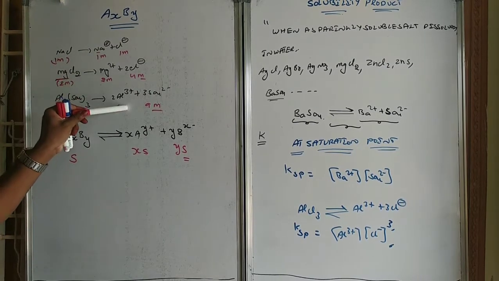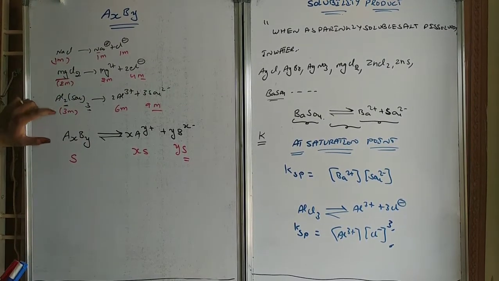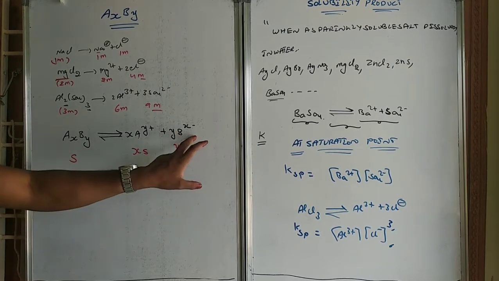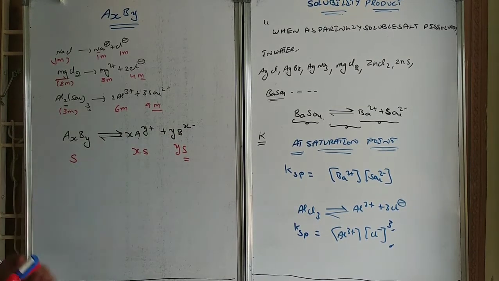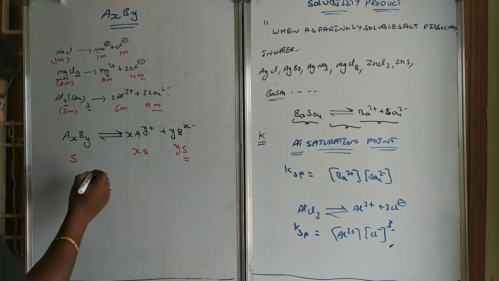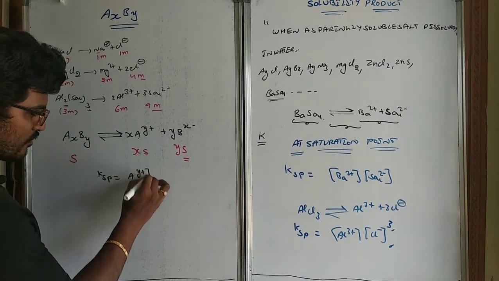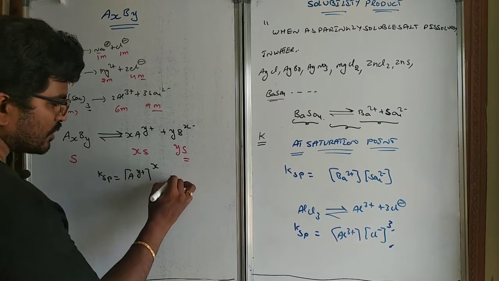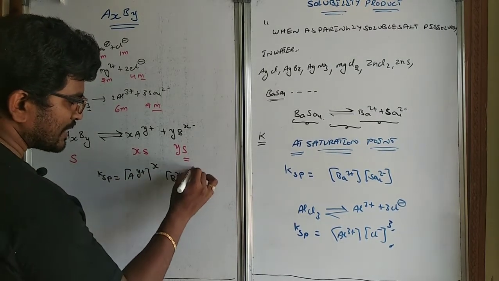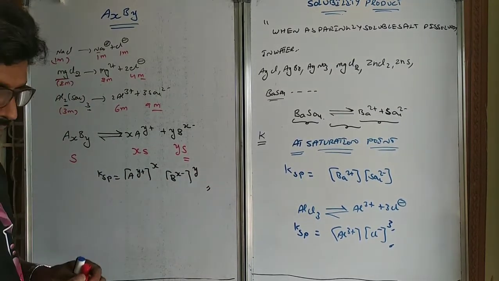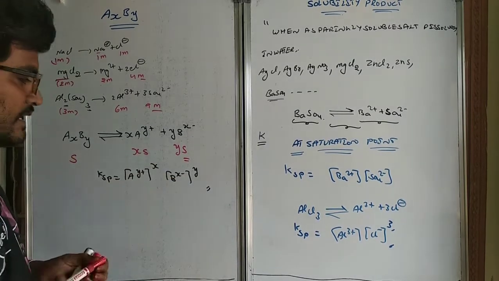Understand this very carefully. If the solubility of the salt is S, the concentrations of ions will be xS and yS. Now let us see the solubility product. Ksp equals [A^y+]^x [B^x-]^y. Here you can understand this very clearly.